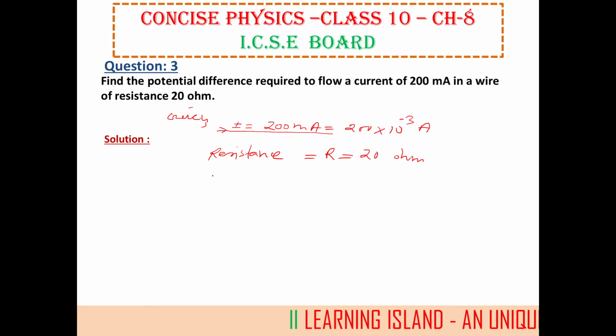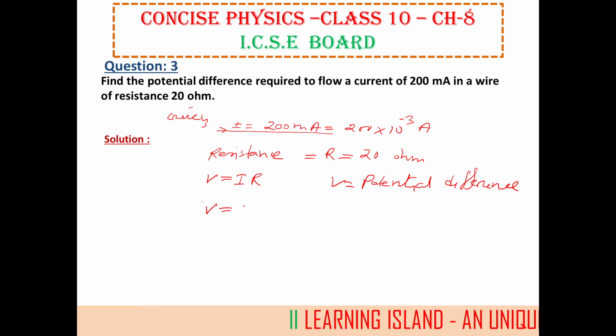So from Ohm's principle, we know V equal to IR. So here V is the potential difference between 2 points of the conductor. So we will have to find out the V.